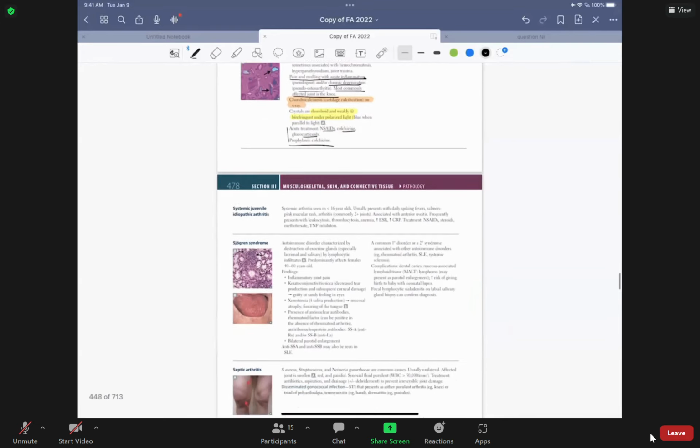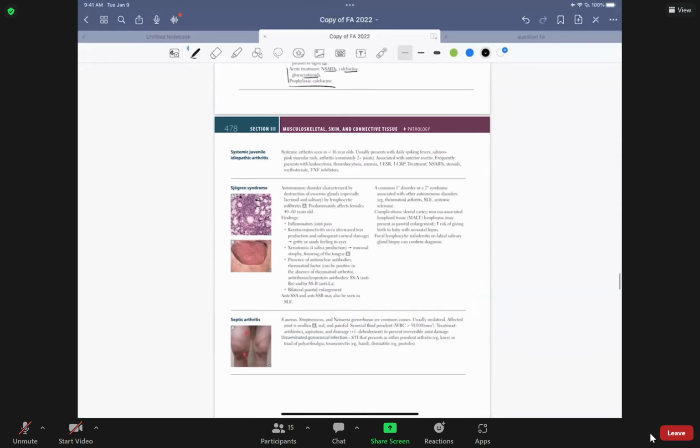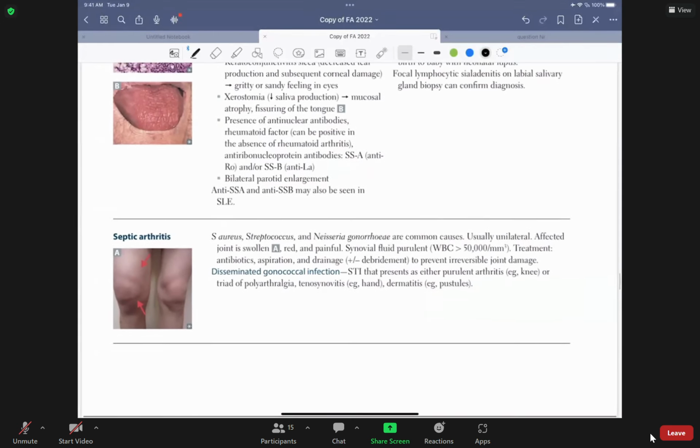So continuing this. Okay, now before I do the top disease, I just want to go and do septic arthritis quickly. Now, what does septic mean? Infection. Okay, the minute we say septic arthritis, the joint is infected.